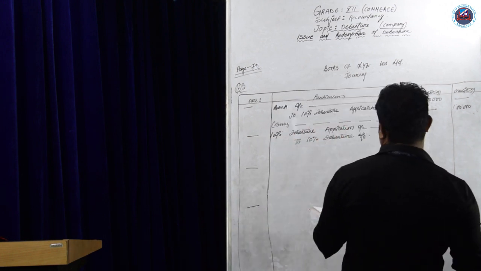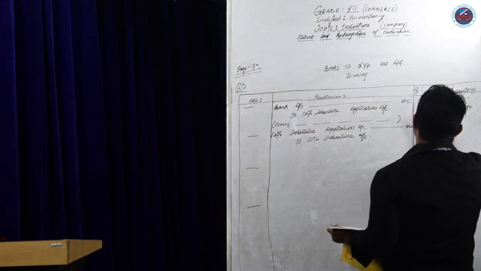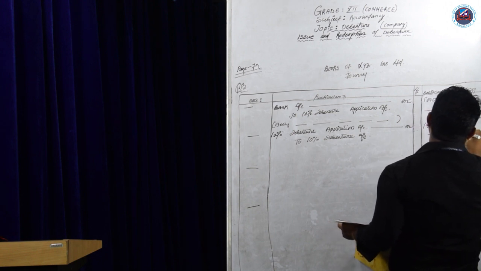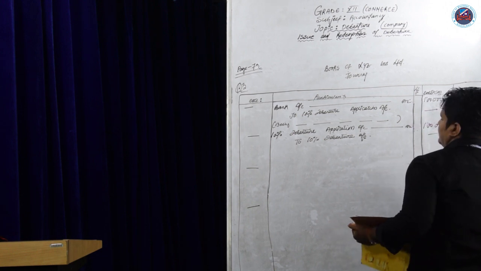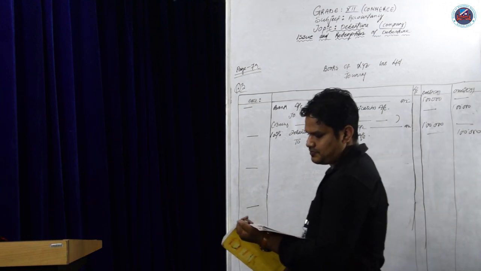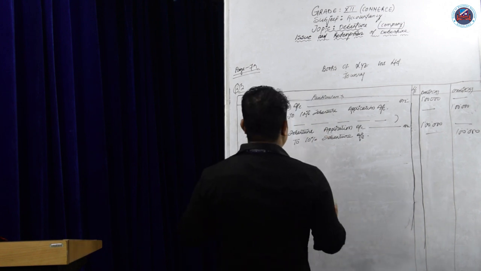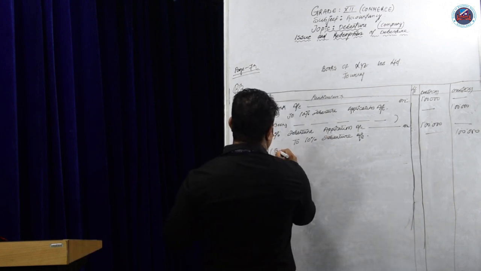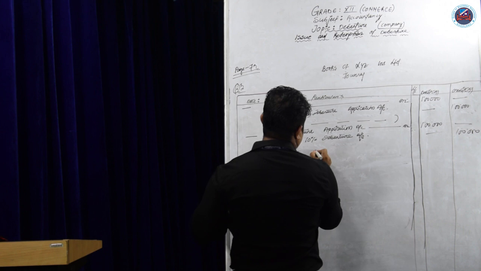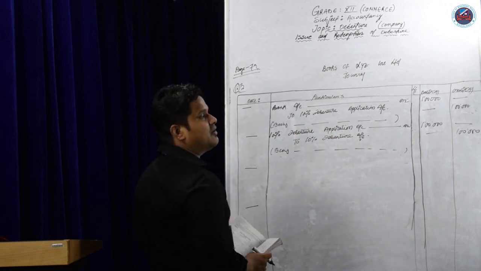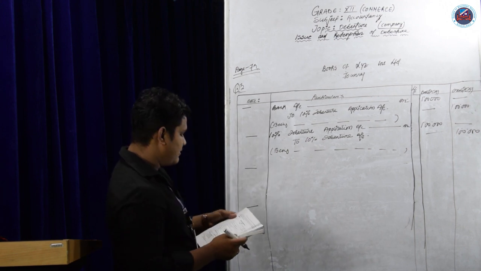The application money is transferred to debenture account. What will be the amount? Same, 1 lakh. Now we'll give the allotment entry. So this is the journal of application; write the narration by yourself, same narration as we did in questions 1 and 2.